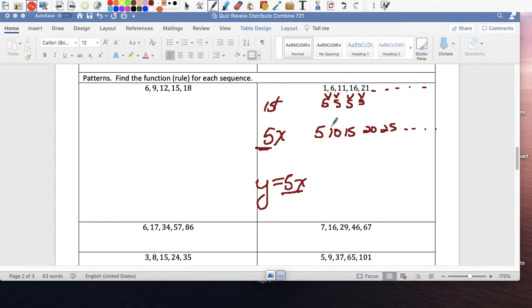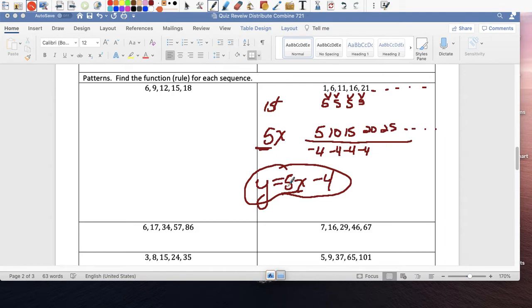I don't really want a 10, I want a 6. So how do I adjust this 5x sequence so that I actually get 1, 6, and 11? Obviously, it's minus 4, minus 4, minus 4. So there is our little function here, okay?